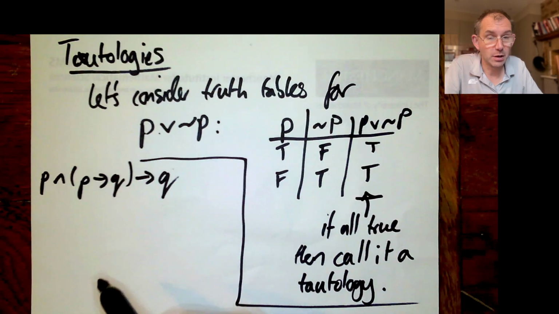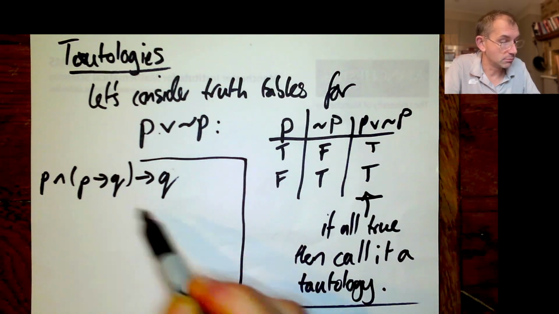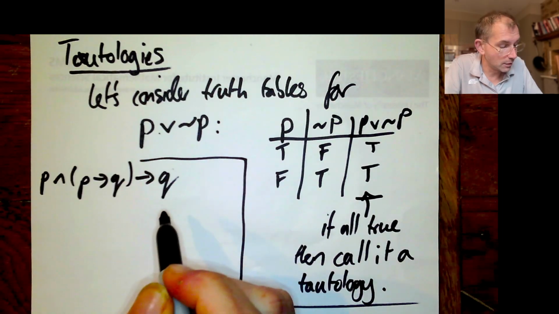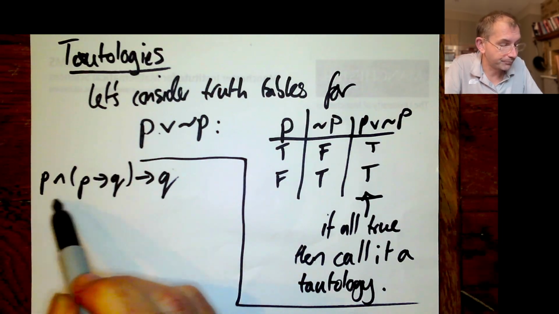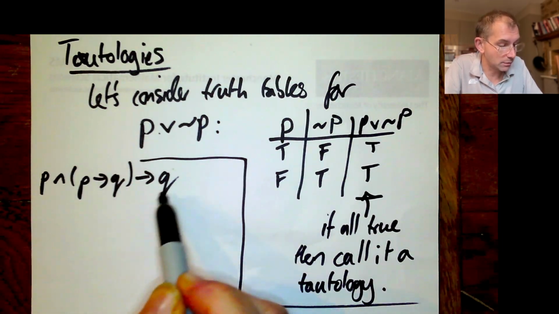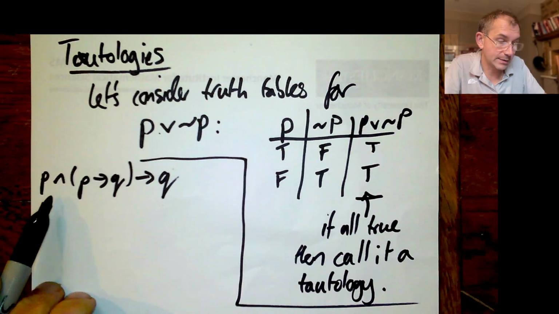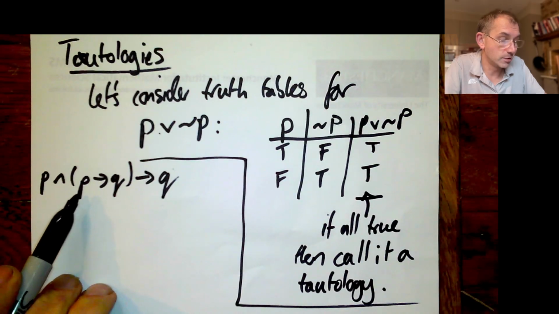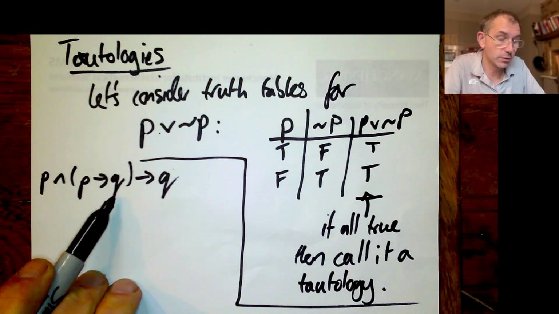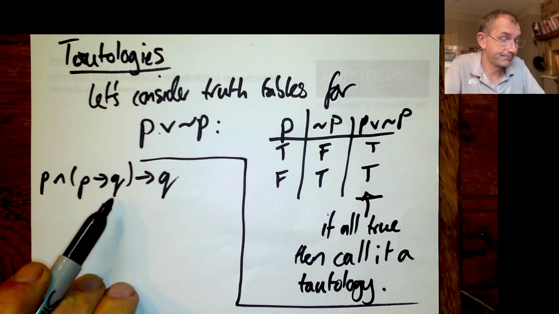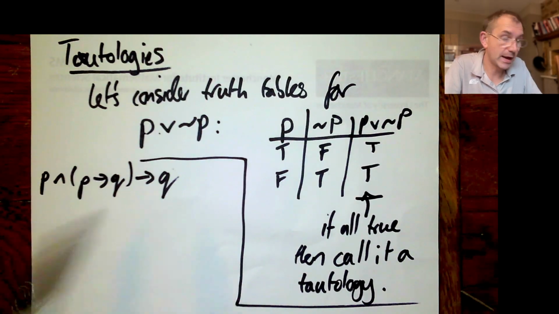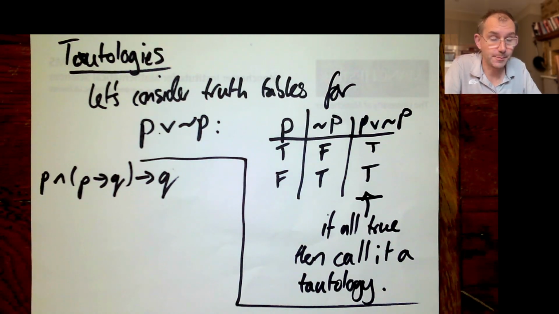Right, so think of it this way. If P is true, and you know that whenever P is true, Q is true, it is the case that from that you can deduce that Q is true.